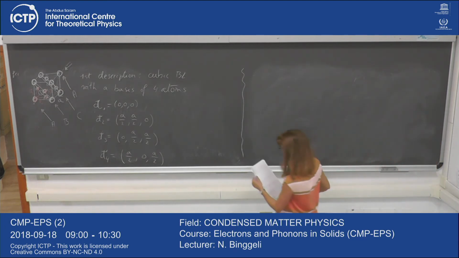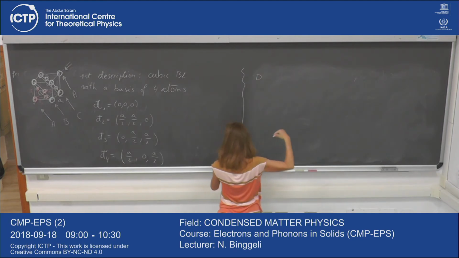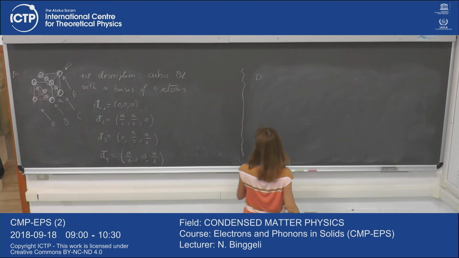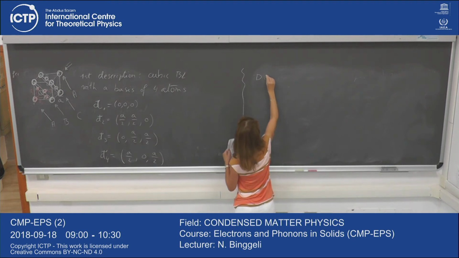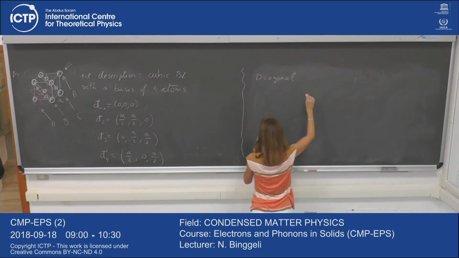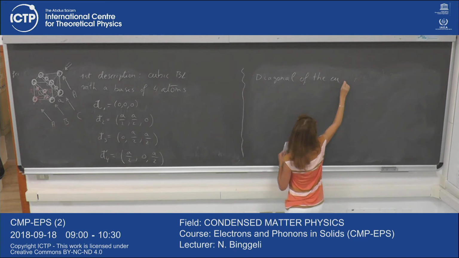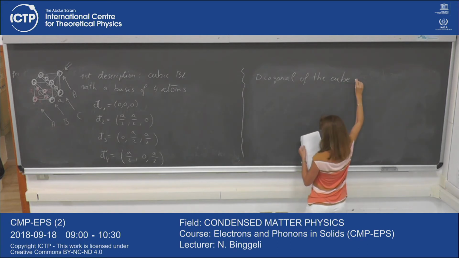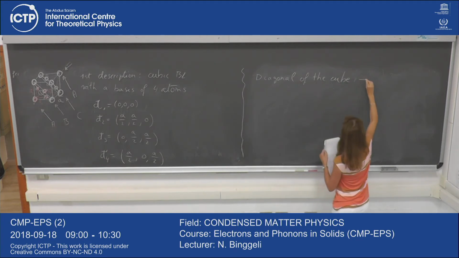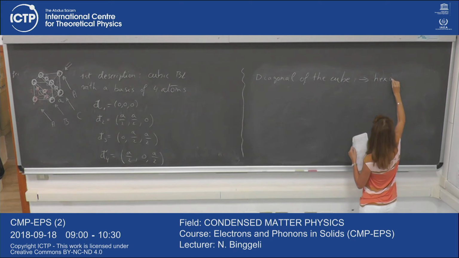Just to finish this, if one looks along the diagonal of the cube, that would correspond to the hexagonal C-axis.